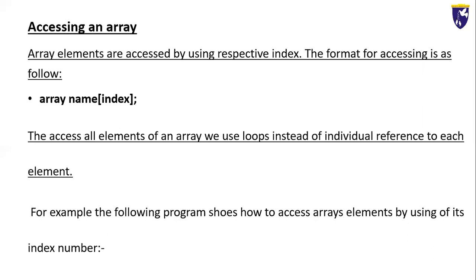As we have discussed earlier, we can use an array with an index number, which is based on the size of the array. Here we can see that we can access the array by its index number. For example, the following program shows how to access an array element by using its index number.